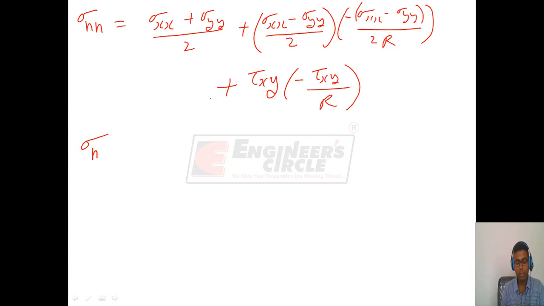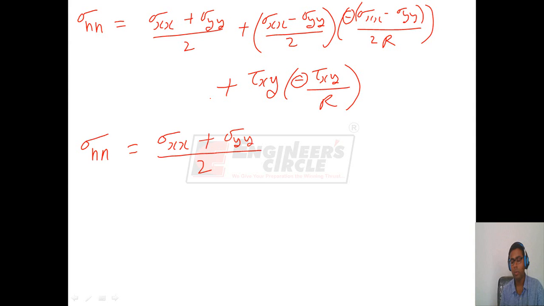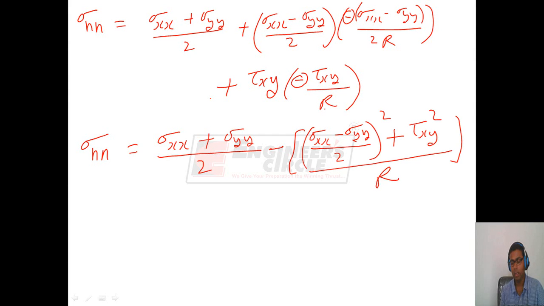So we get normal stress sigma nn equal to (sigma xx plus sigma yy) by 2. We can see here one minus is there and here one minus is there, so taking minus common we will get (sigma xx minus sigma yy) by 2 entire square plus tau xy square whole divided by r. This r is again common in both the terms. If we look at this term, it is again r square.